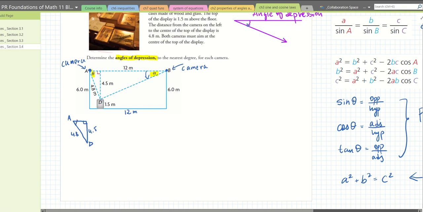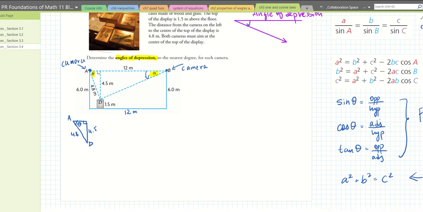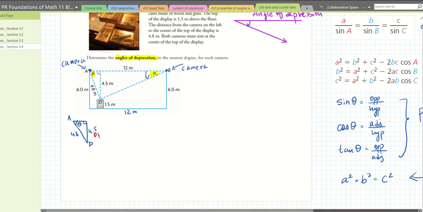So we're looking for this angle theta here. And again, whenever you do any questions involving triangles, always label them. So this is theta. This is the opposite side, this is the hypotenuse, and this is the adjacent side, which means we can relate the hypotenuse and the opposite side. Opposite and hypotenuse, that's going to be sine. So we can write sine of theta equal to opposite over hypotenuse.